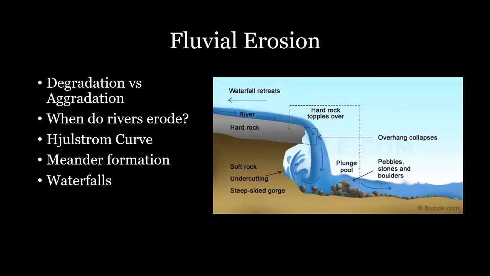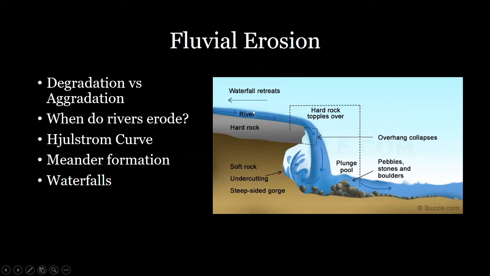As a result of that combination, the hard rock requires the sediment to be eroded away underneath it before it actually falls. And so you'll start to have the erosion of that softer layer coming all the way up and eroding it away until that hard rock is overhung and it just topples over.